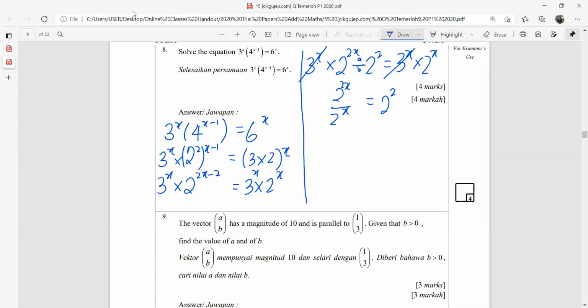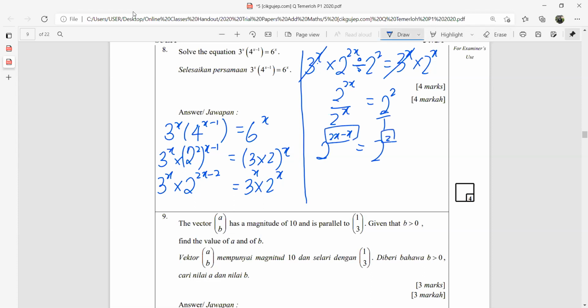Bring that to the right side, and this 2 power x to the left side, it becomes over 2 power x. Do you see that? I rearrange it because I want to combine them. This one can even make it into 4, but don't need to, you can still see the answer.